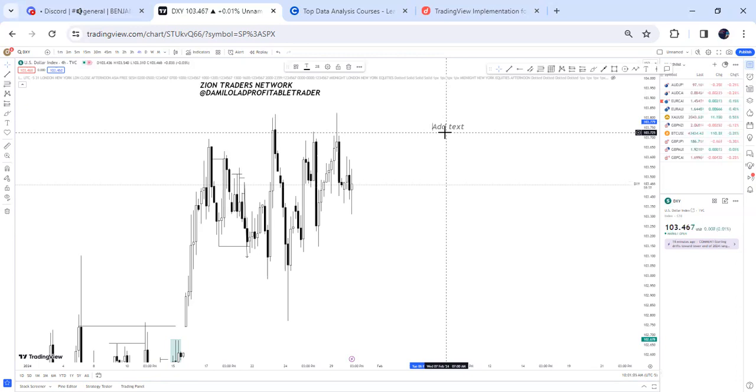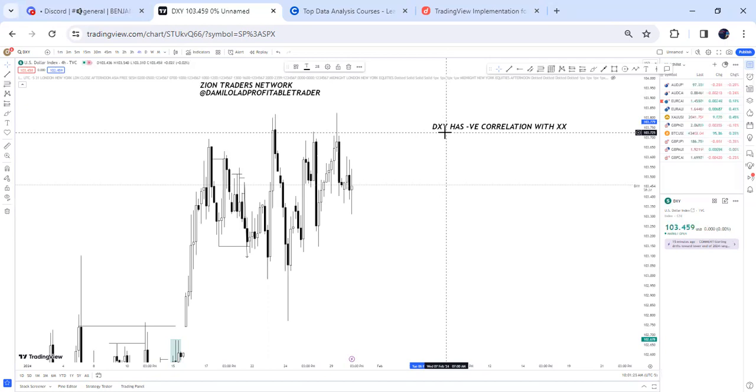You must understand that the DXY has a negative correlation with EU, or let me put it as this: it has a negative correlation with XXX/USD.